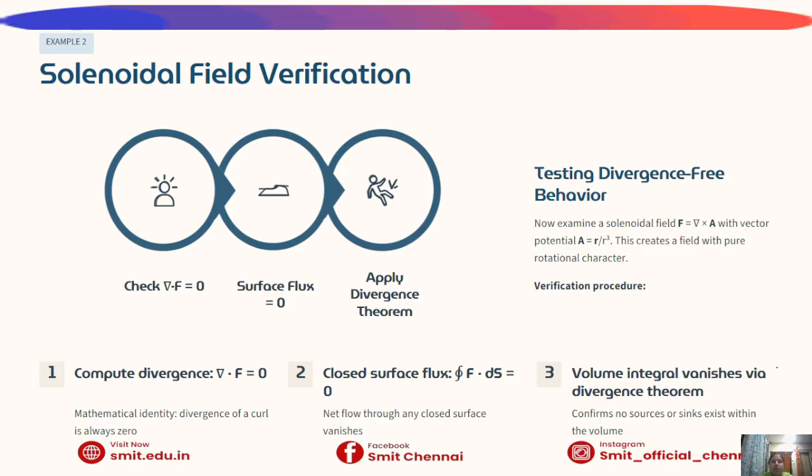Next, we see about the example 2 for solenoidal field verification. Now, consider a vector field defined as the curl of a vector potential A equal to r divided by r cubed. The divergence of this field is 0 because the divergence of a curl is always 0.